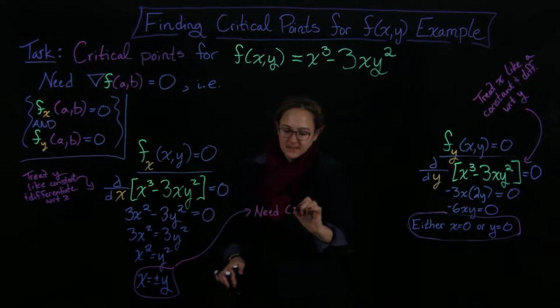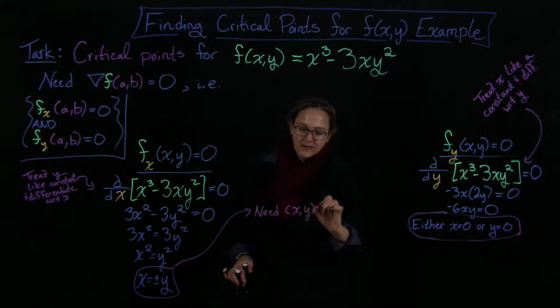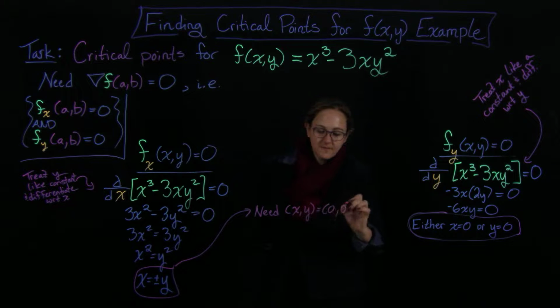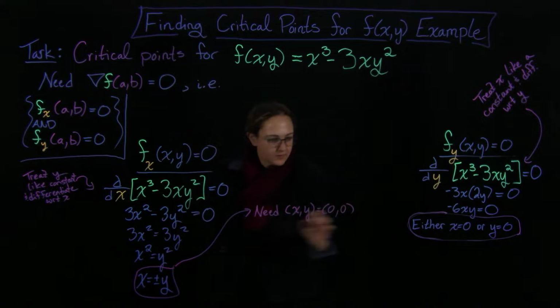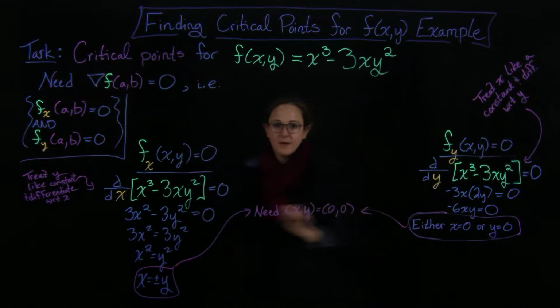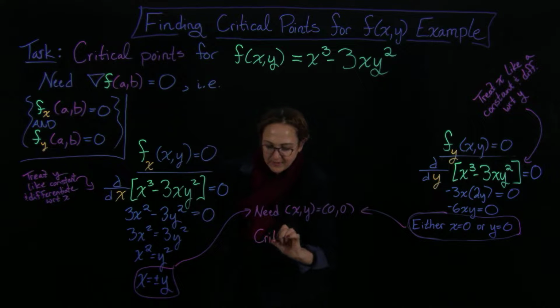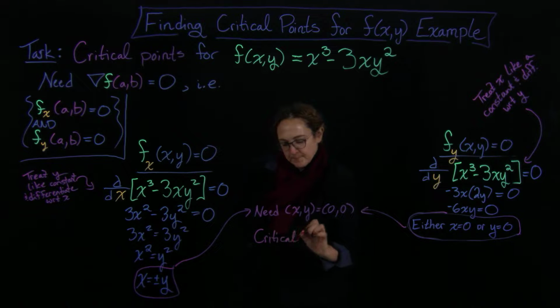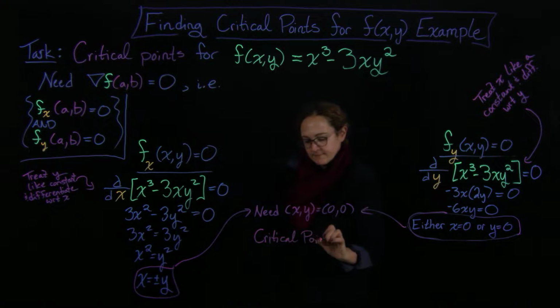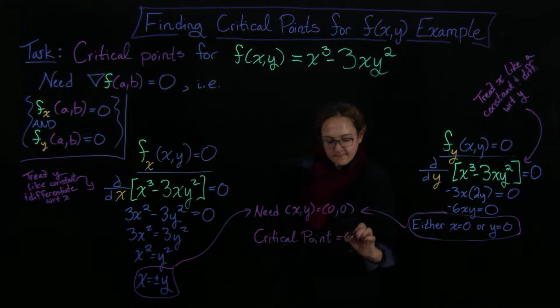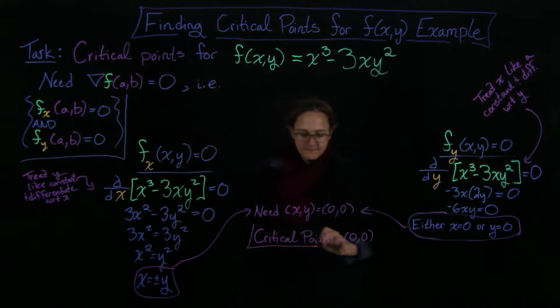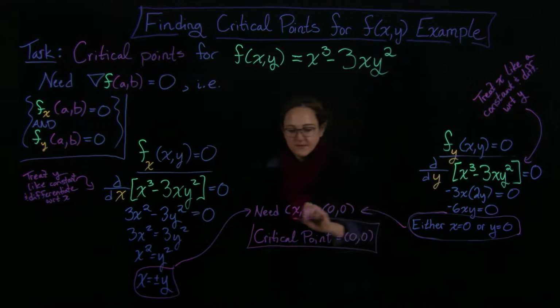So we need x, y equals 0, 0. So combining those two, I only have one critical point, and it's going to be 0, 0. And that's my final answer.